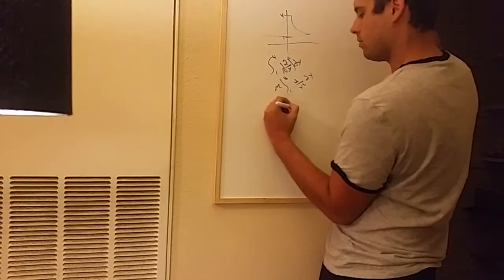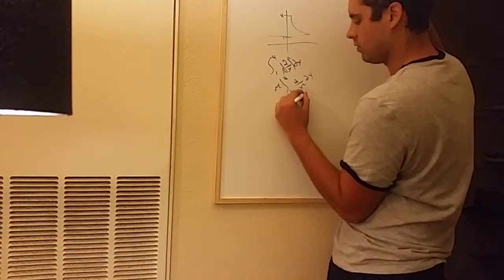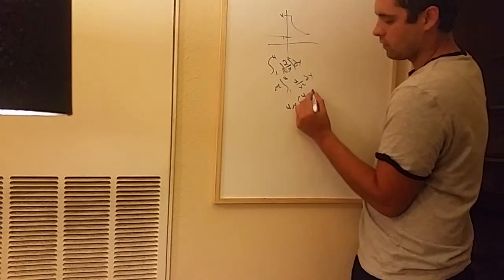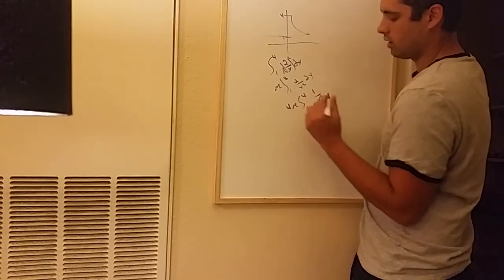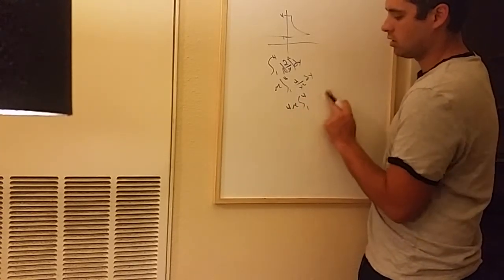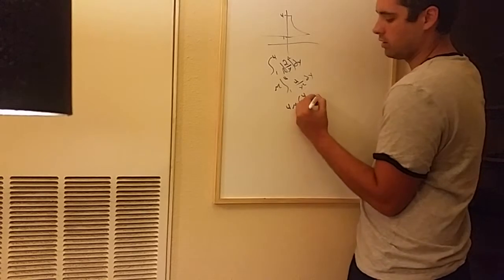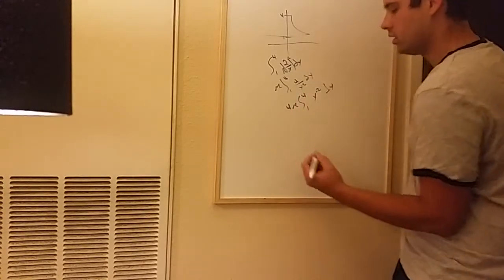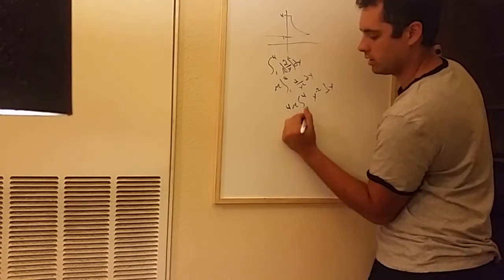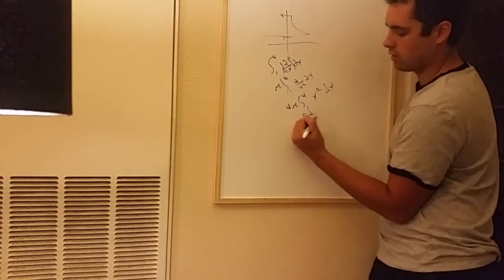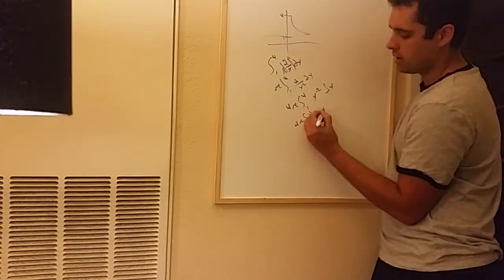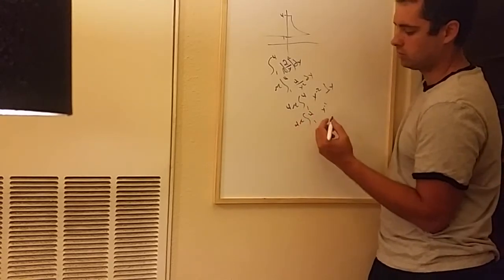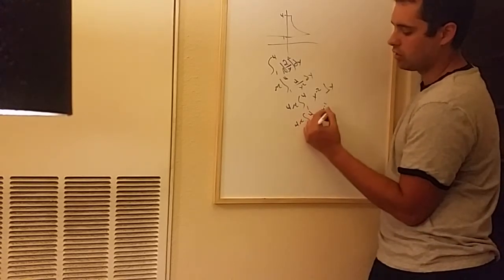So we get 4 pi, integrate 1 to 4, 1 over y squared, which is, oh, because it's y squared, y to the negative 2 dy. And I'll just get 4 pi integral from 1 to 4 of y to the negative 1 over negative 1.